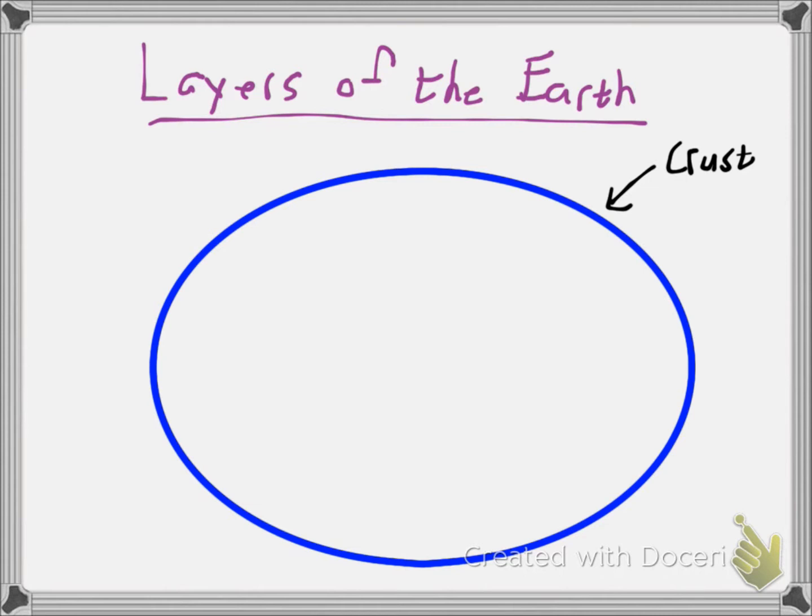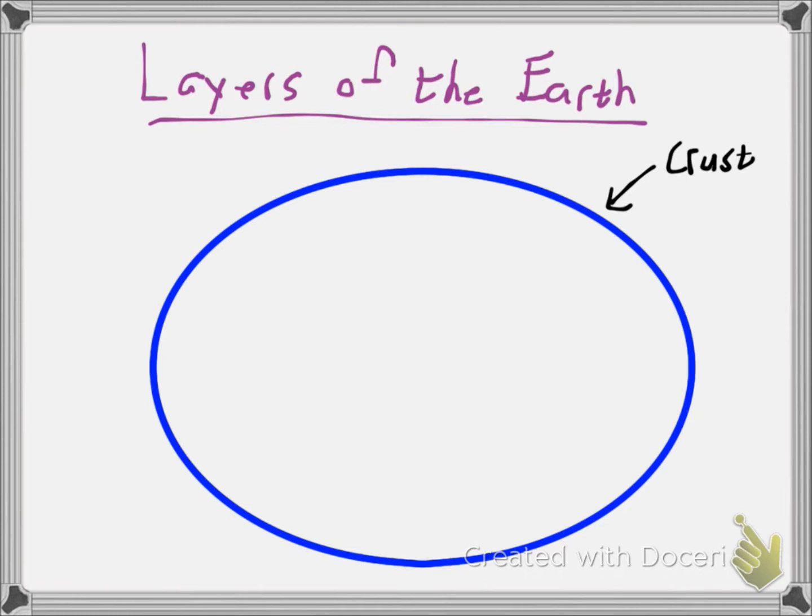The temperature of the crust varies from air temperature on top to about 1600 degrees Fahrenheit in the deepest part of the crust. After that, we have something called the mantle, and this is a very large area of the Earth.